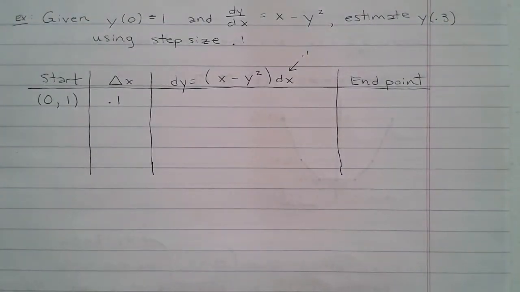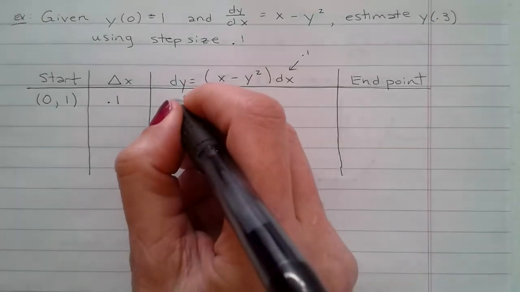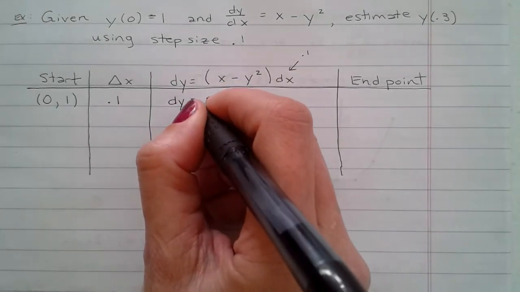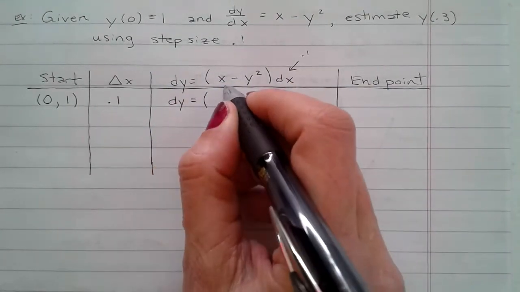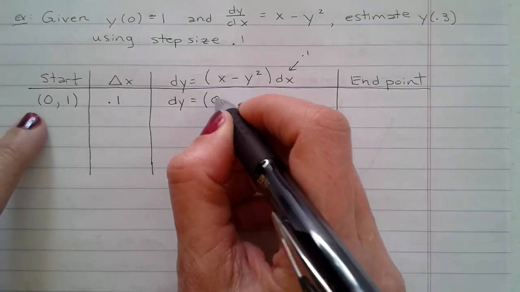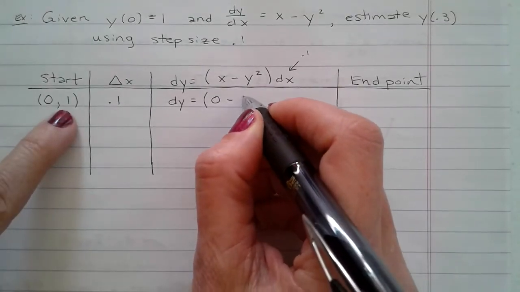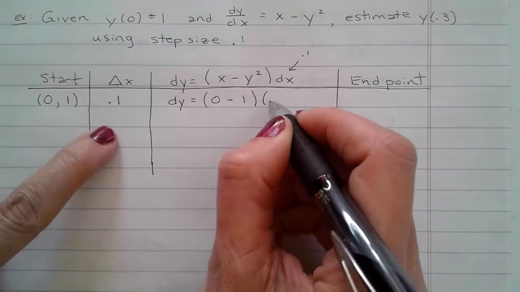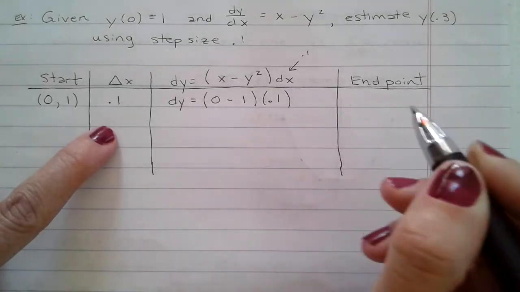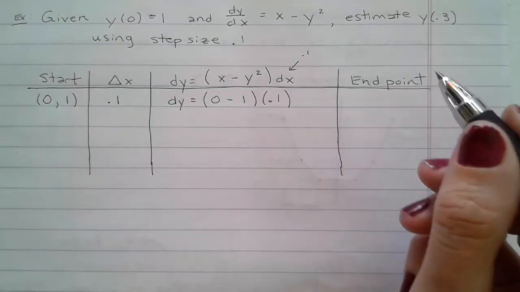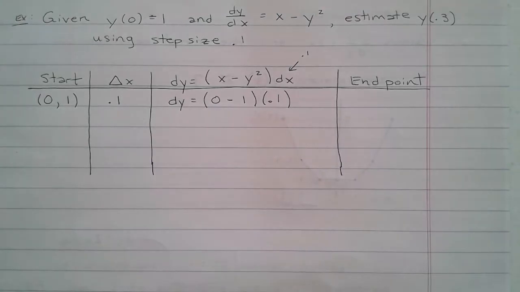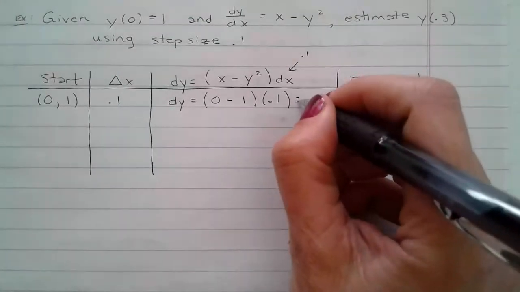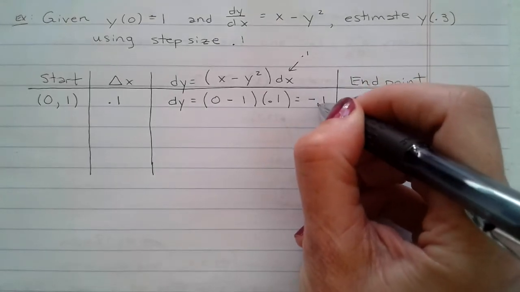And then we're just going to go through step by step and find the derivative, the change in y, the x we start at, which is 0, minus the y squared, which is 1, times 1/10. And what we end up getting there is a negative 0.1.